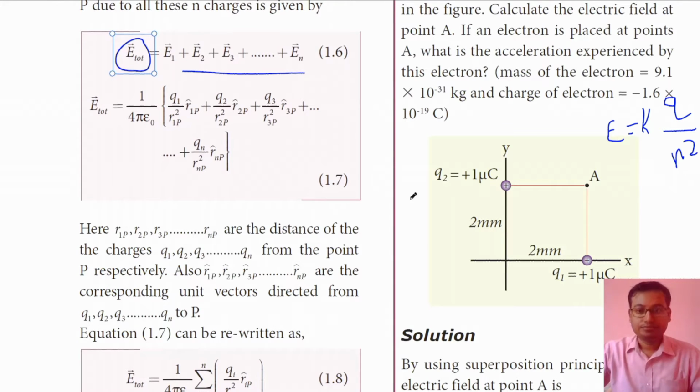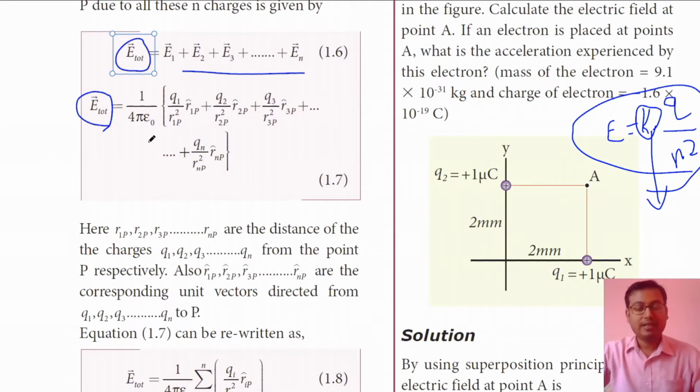Here K is equal to 1 by 4 pi epsilon naught. We know very well that E is equal to 1 by 4 pi epsilon naught into Q by R square into R cap. So total electric field is equal to vector E1 plus vector E2 up to vector En. In all these terms K will be common, that is 1 by 4 pi epsilon naught will be common.